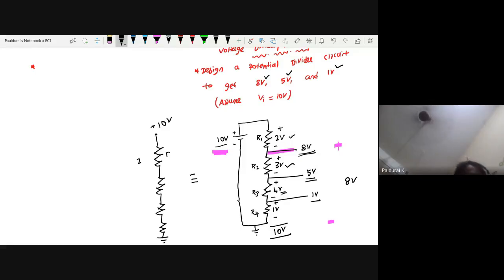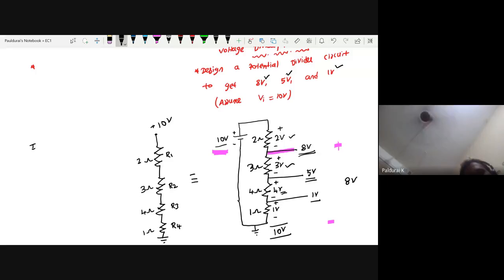Take R1 equal to 2 ohm, R2 equal to 3 ohm, R3 equal to 4 ohm, and R4 equal to 1 ohm.